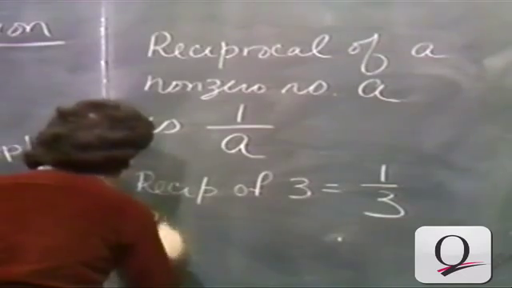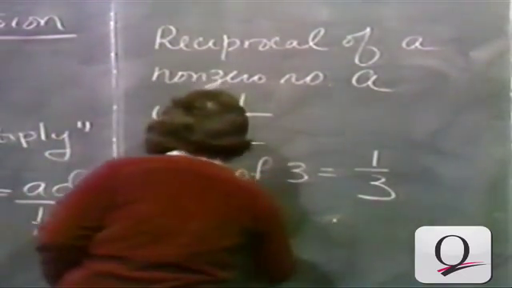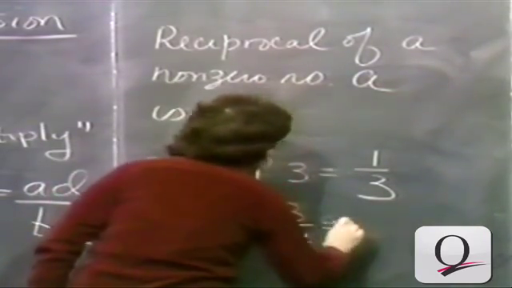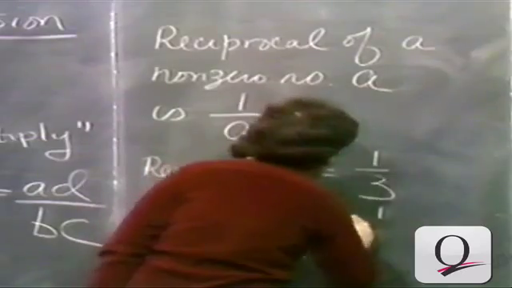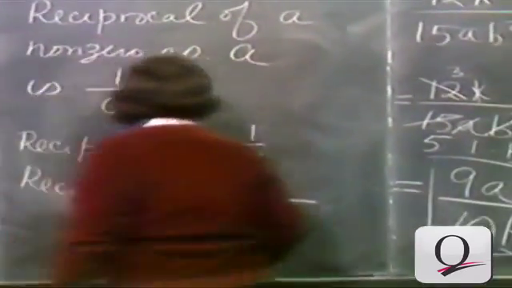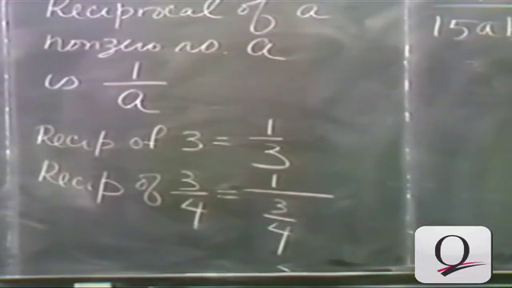Okay, the reciprocal of 3/4 is 1 over 3/4. Okay, now let's look at 1 over 3/4. Okay, that's division by a fraction. Well, we know how to handle that.